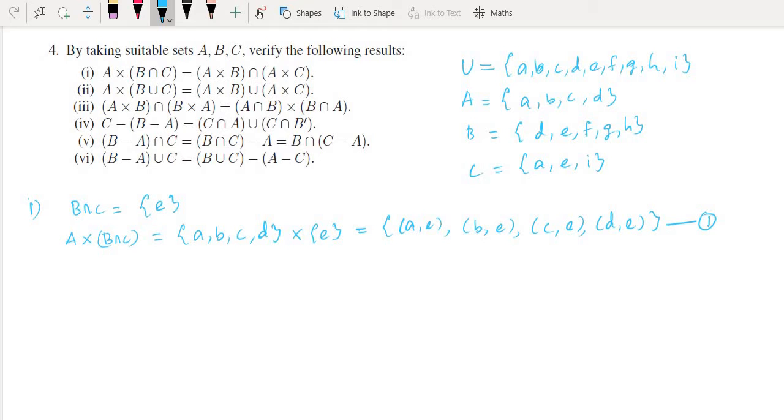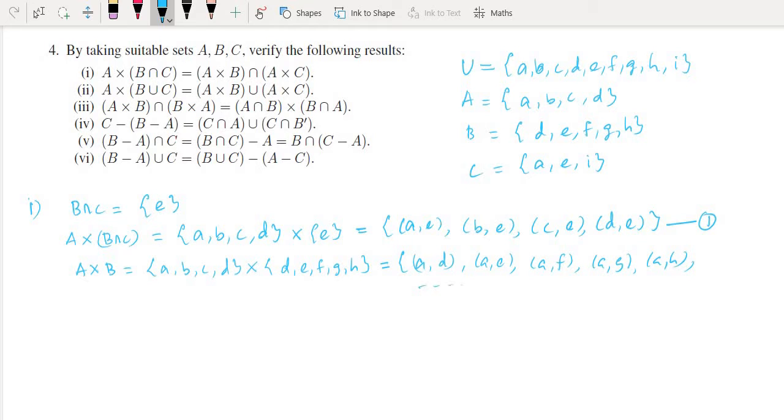And the right hand side, (A cross B) intersection (A cross C). For that, let me find A cross B first. A cross B is the Cartesian product of a, b, c, d and d, e, f, g, h. If I take the Cartesian product for these two sets, I'll get (a, d), (a, e), (a, f), (a, g), and (a, h).